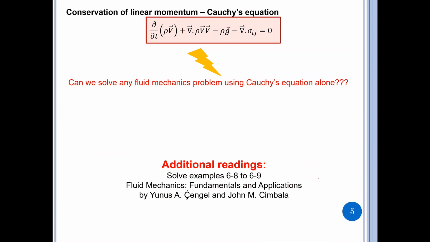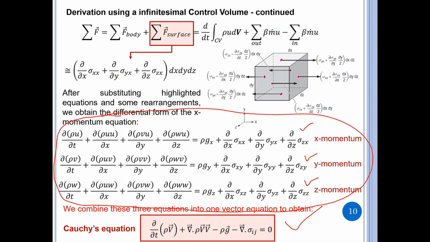The question is, can we solve any fluid mechanics problem using Cauchy's equation alone? The answer is no. If you go back to its component form, there are only three equations, and we have three variables, which are velocities u, v and w.